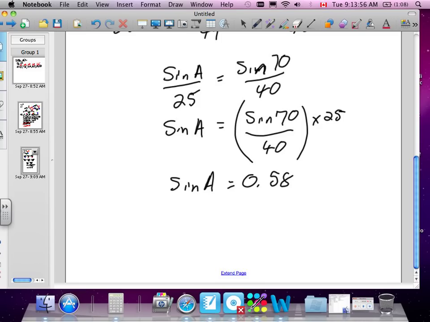So I have the ratio. But what are they actually asking me for? The angle. So they want just A by itself. So I need to bring sine to the other side of the equation. So this will become A is equal to sine inverse of 0.587.